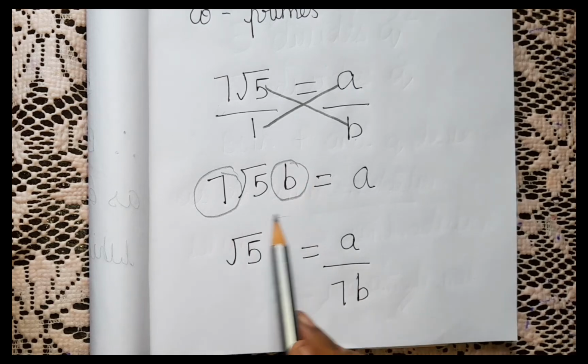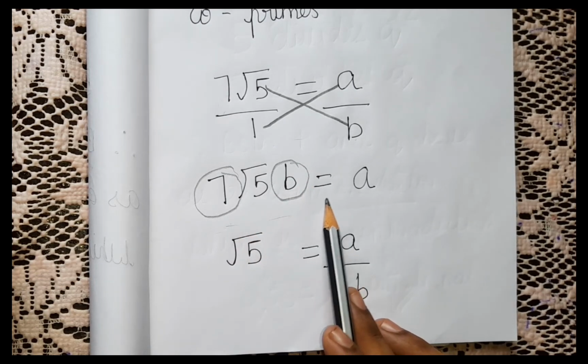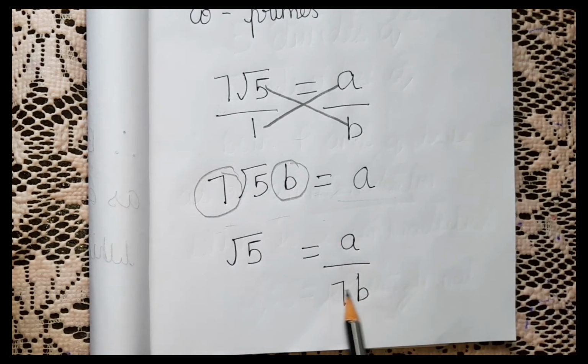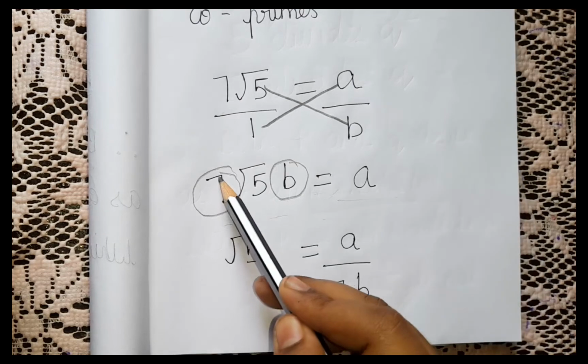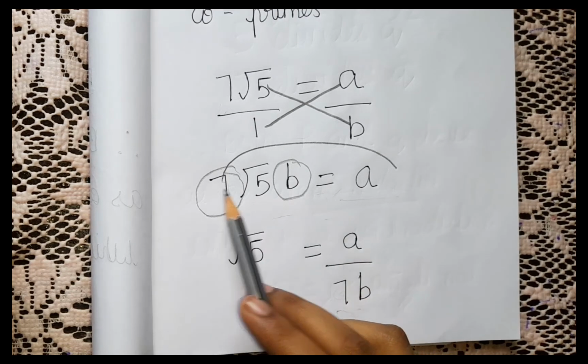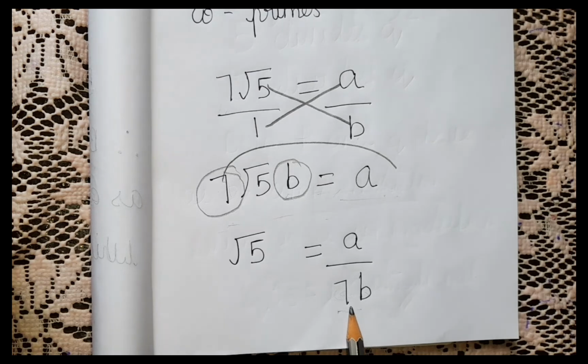Here it is in the multiplication form, so when it crosses this bridge, that is the equal sign, it becomes division. So now it is division right over here. b is also in the division form, 7 is also in the division form. Okay, remember this. We brought the 7 and b over here, and it changed into division. So that is root 5 is equal to a by 7b.